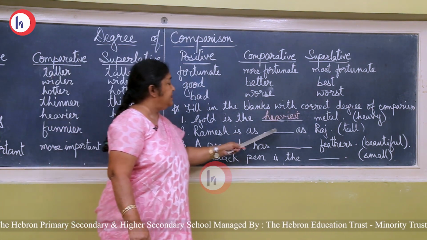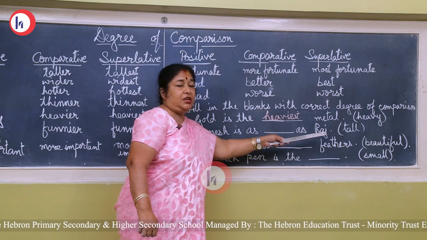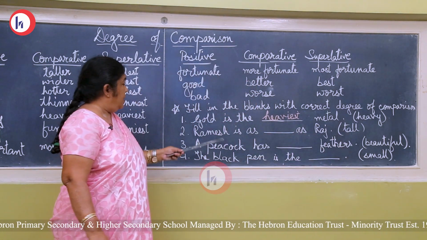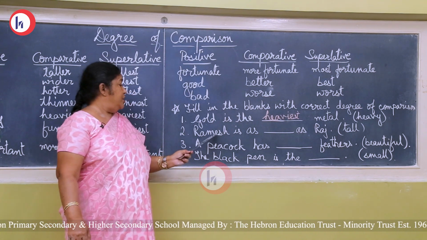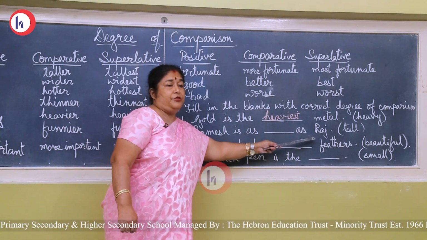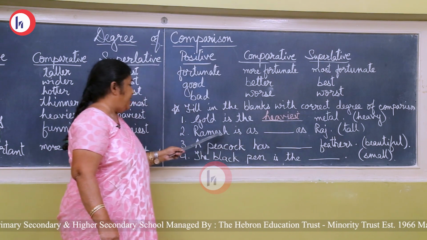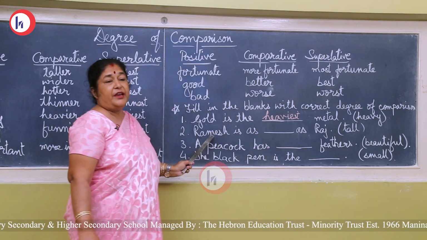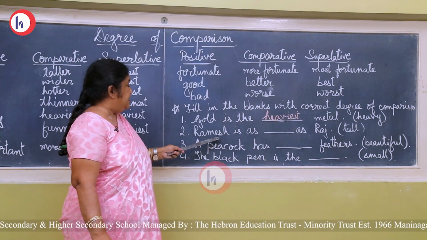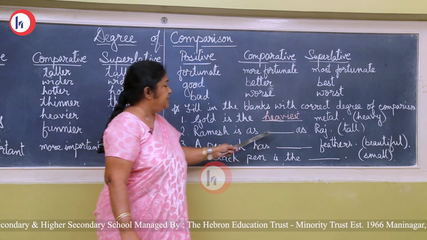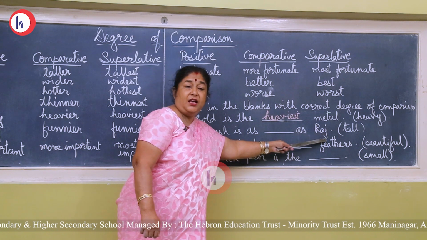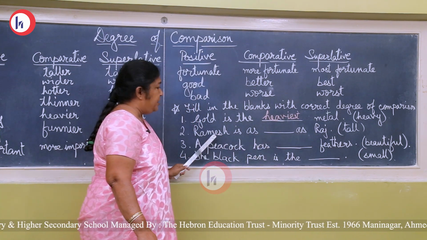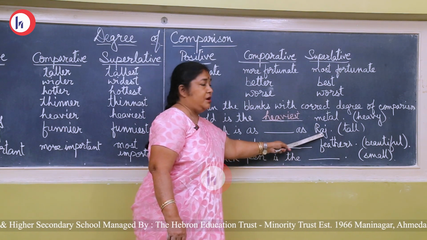Ramesh is as dash as Raj. Now you have to write the degree of comparison of tall. Now here we are talking about Ramesh and Raj. Are we comparing Ramesh and Raj? We aren't comparing them. We are saying Ramesh is as tall as Raj.